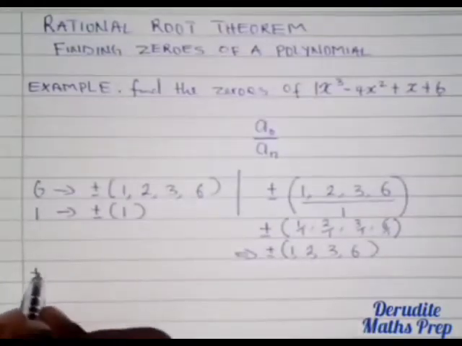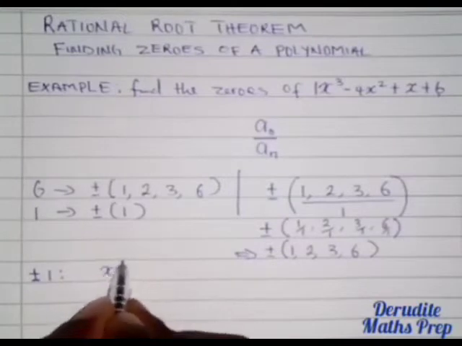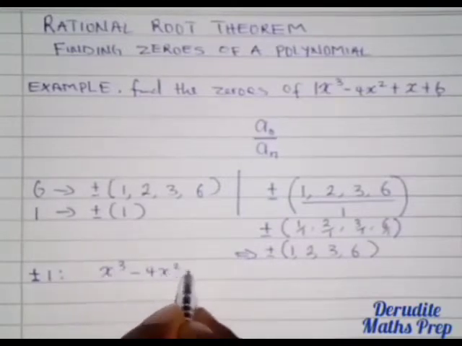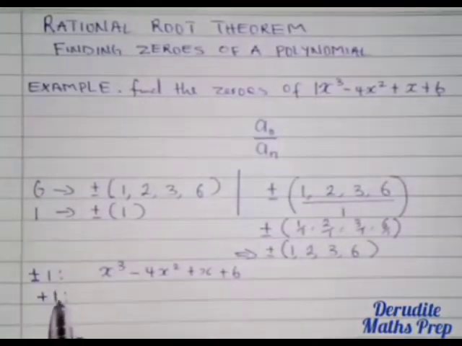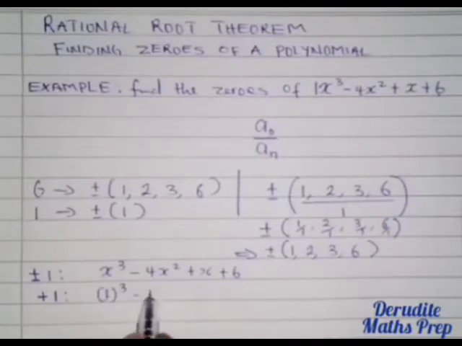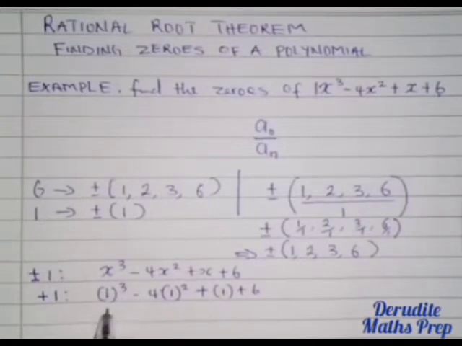Let us start with plus or minus 1. Putting plus or minus 1 in x cubed minus 4x squared plus x plus 6, let's use plus 1 first. Wherever we see x, let us put plus 1. So x cubed becomes 1 cubed, minus 4x squared becomes minus 4 times 1 squared, plus x becomes plus 1, plus 6. 1 cubed is the same thing as 1, as 1 raised to any power will give us 1.